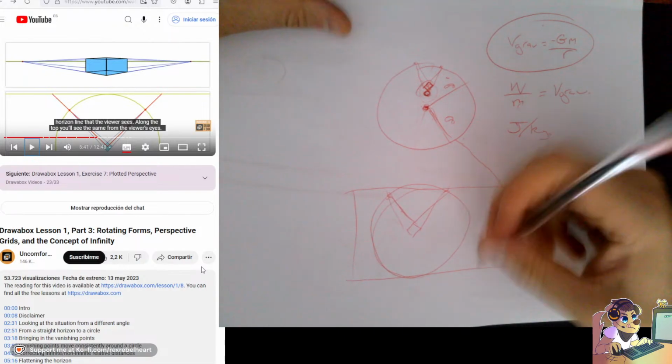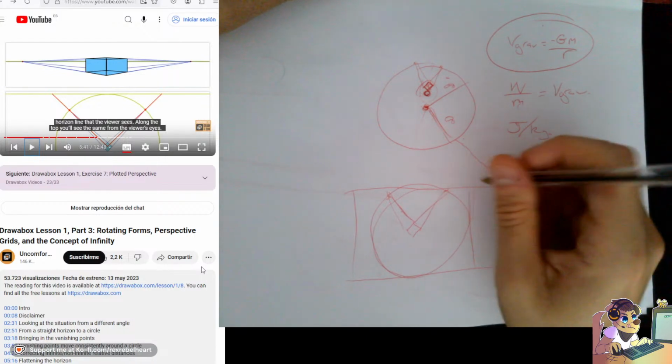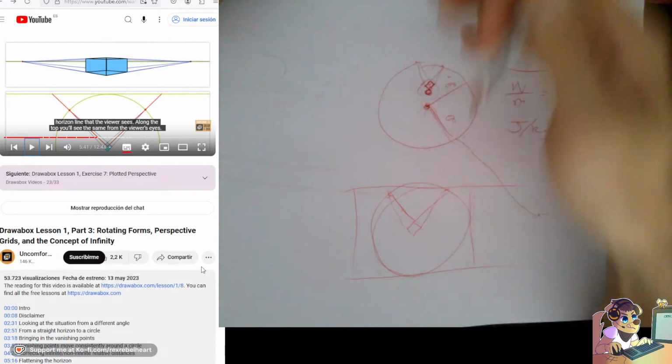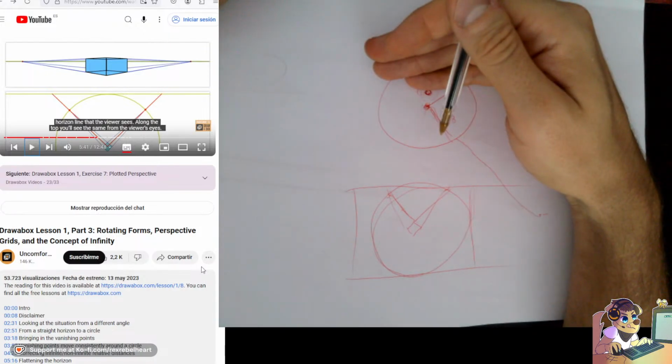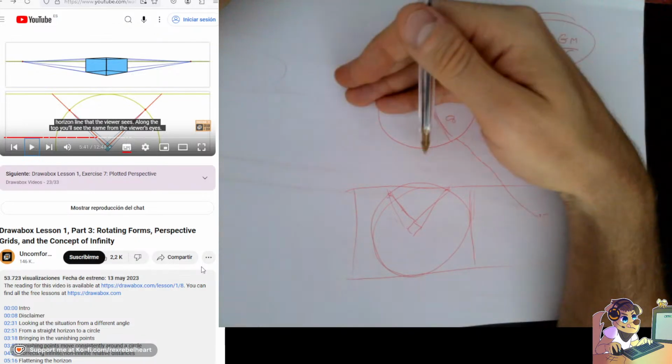So we're doing the same sort of thing that you would do to anything where you're trying to model a higher order plane onto a lower order plane.